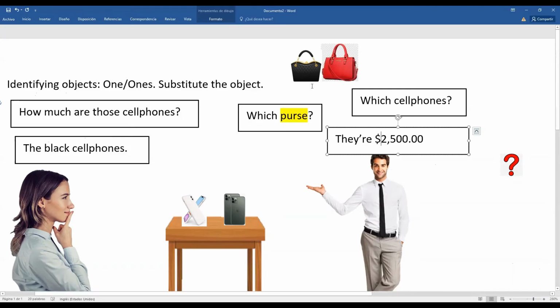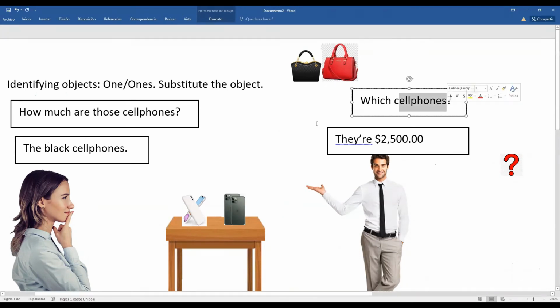There is another way. Yes, you can say which cell phones, and it's not a problem. But since you already know that we're talking about cell phones, you don't have to repeat cell phone, cell phone, cell phone. You don't have to repeat how much are those cell phones? Which cell phones? The black cell phones. You don't have to keep repeating.